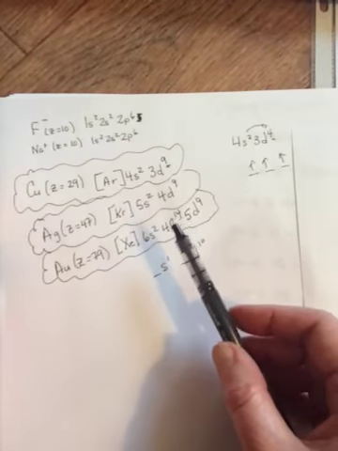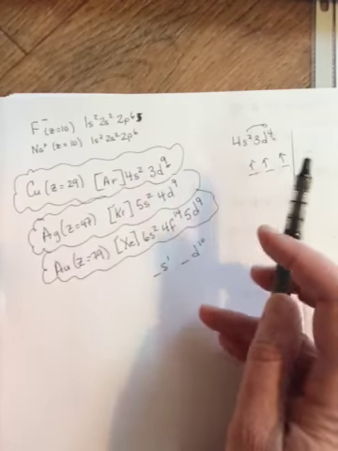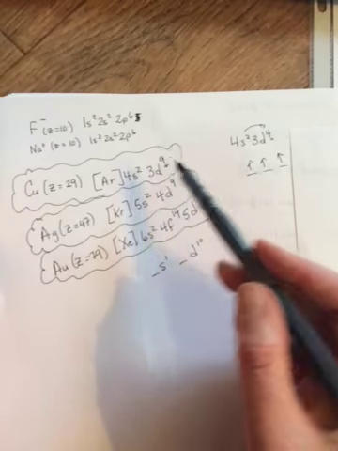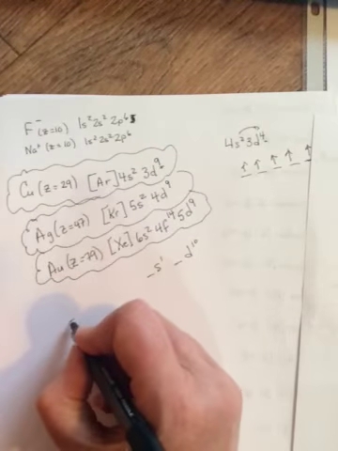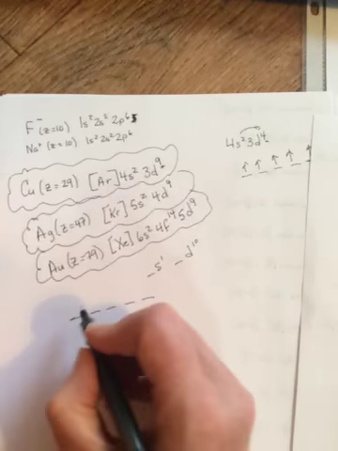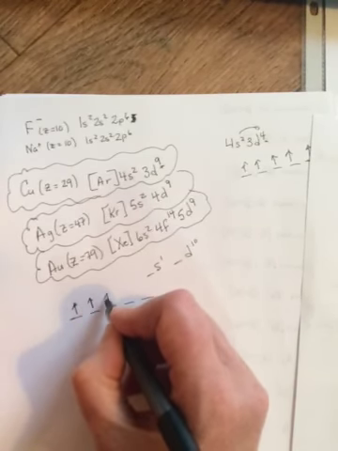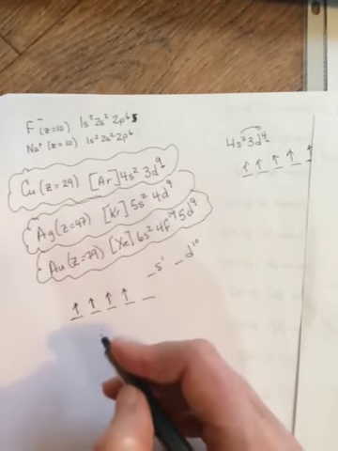It also happens when your D level is close to half full, when the D is at 4, because remember there are 5 subshells in the D. And Hund's rule tells us that an electron will go in each one with a parallel spin before they double up.